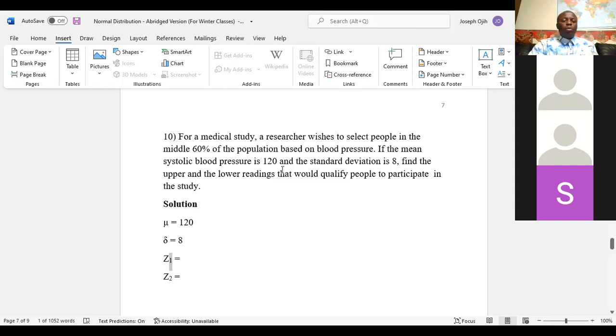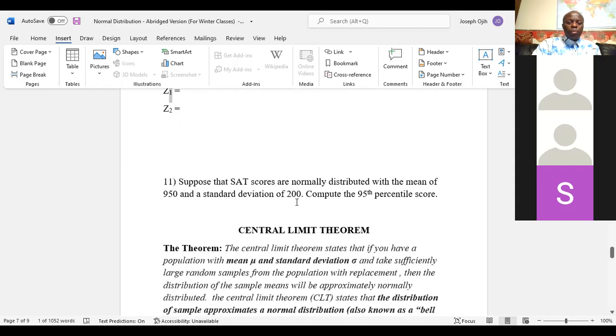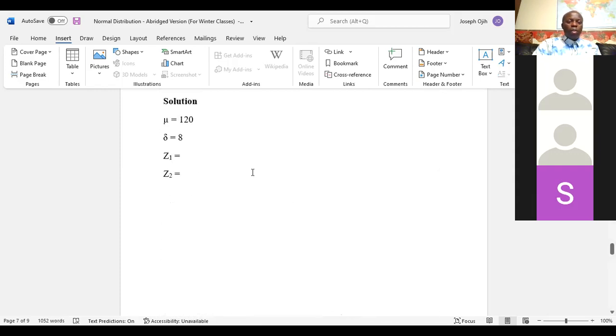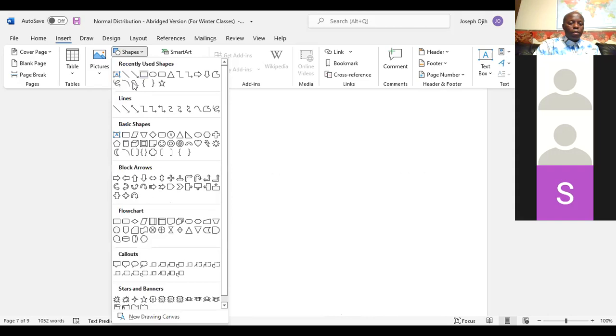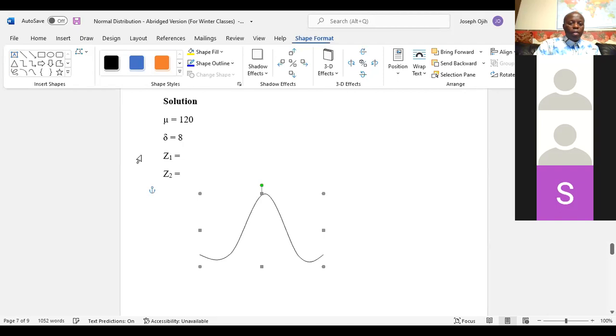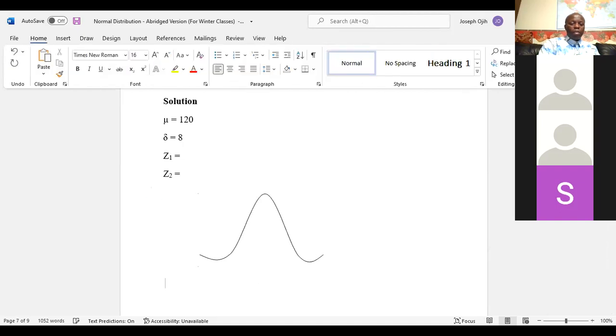All right. Now, the first thing we do is to draw the chart. Again, we make art using this tool here. Okay, so I'll go this way. And then we need the center, the mean, which is 0 always.